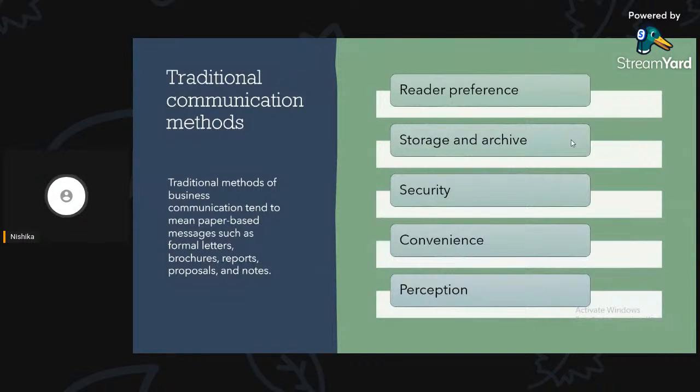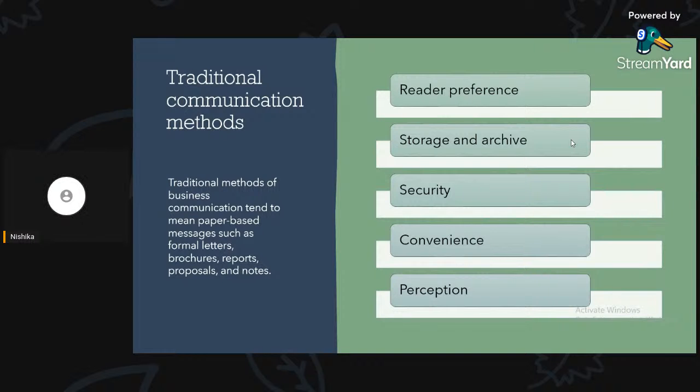Next is storage and archive. One other advantage of the traditional communication method is storage of documents, which we can't see in the modern methods of business communication. Many organizations today also believe in having a hard copy document to back up electronic records.